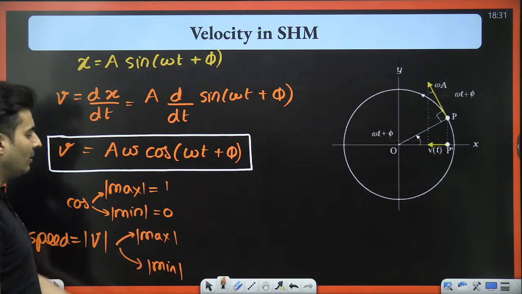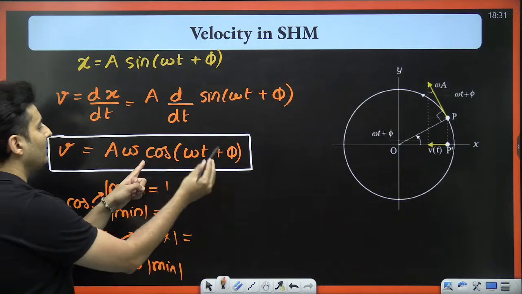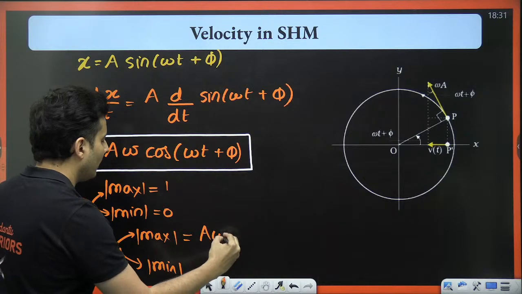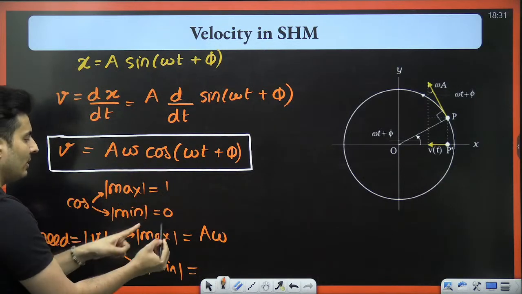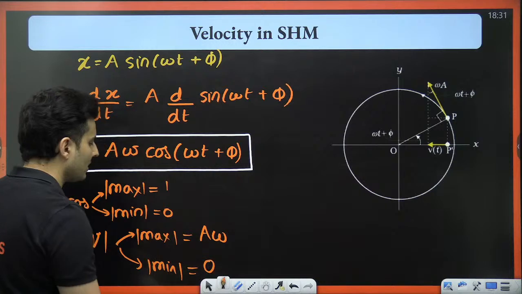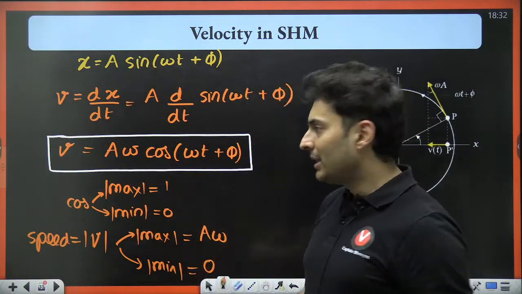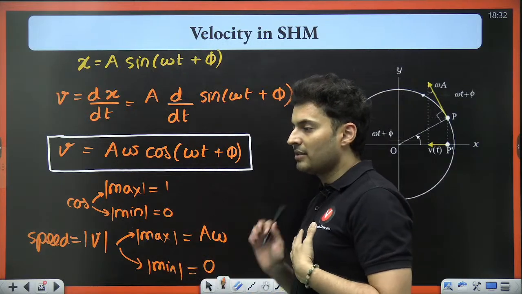What is the max and the min value? Because maximum cos is 1, the maximum v value will be a omega, and the least value, because cos will be 0, will also be 0. So the maximum speed is a omega and the least speed is 0.